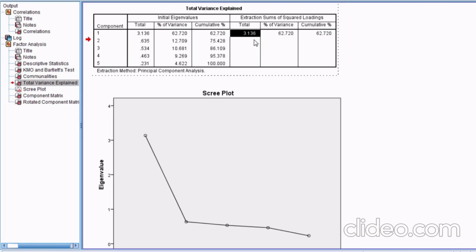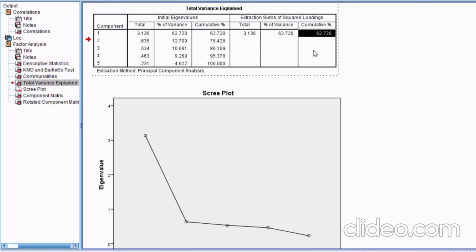If you look here in the extraction sums of squared loadings section, you will see that there's only one value here now. That's what it means. This is how many components SPSS retained or kept based on the rule that we set. So since only one component had an eigenvalue greater than 1, we only have one component in our solution here.